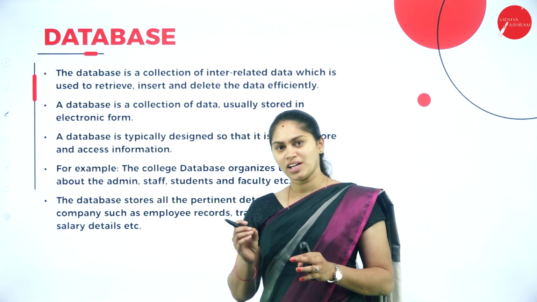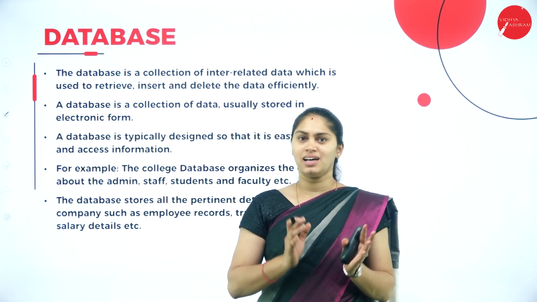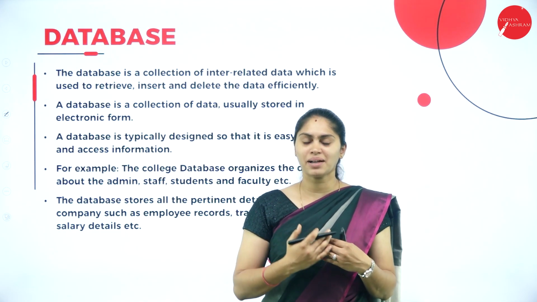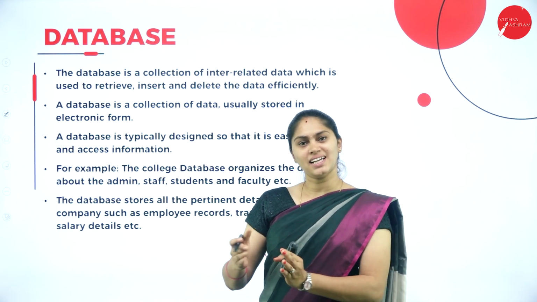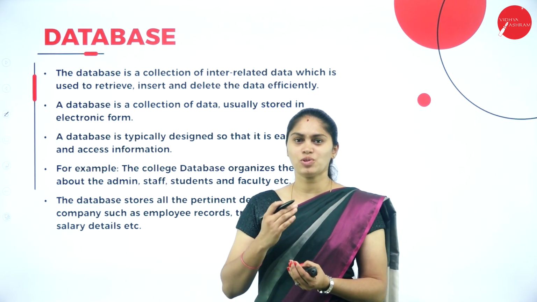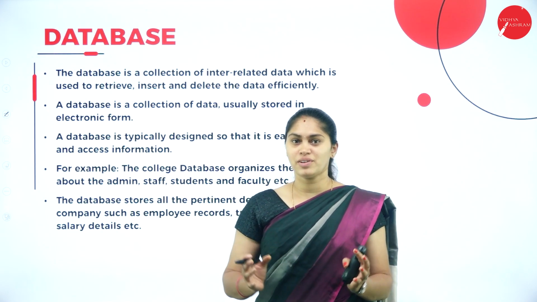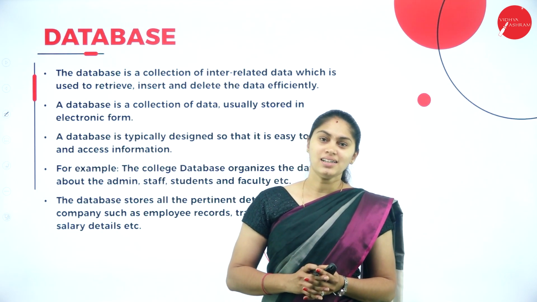Then, are we going to keep the fruits and vegetables in the wardrobe? No, right? That means we are storing logically related data. So from one data to another data, there should be some relationship. Then we can call that kind of data all together a database.